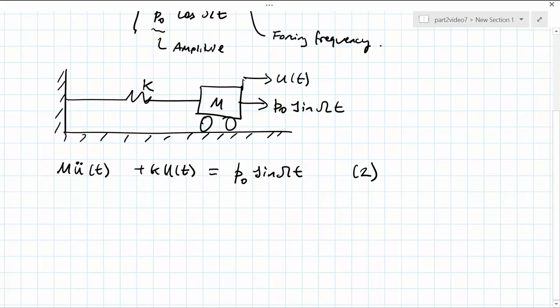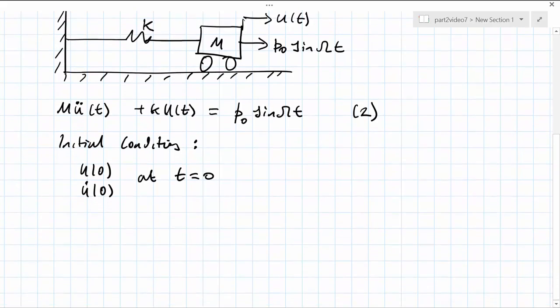Even though, in this case, we have a forcing function, we still cannot solve this system without specifying the initial conditions. As before, the initial conditions are given by u0 and u̇0 at t equal to 0.